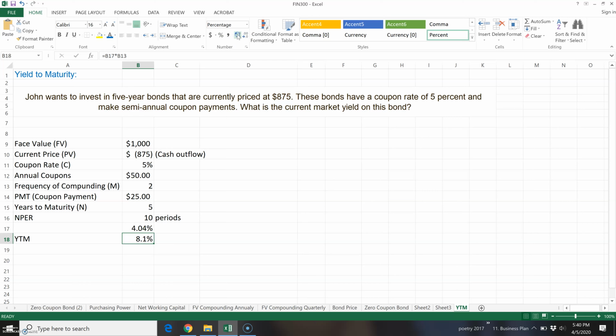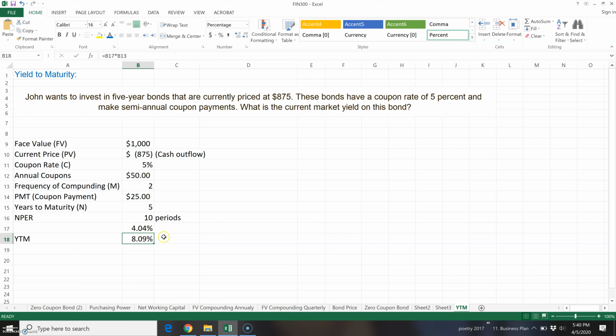In 2 decimal points, it's 8.09%. So we have seen that when computing the yield to maturity, the 3 variables that may require adjustment are the coupon payment, the yield, and the bond maturity period.